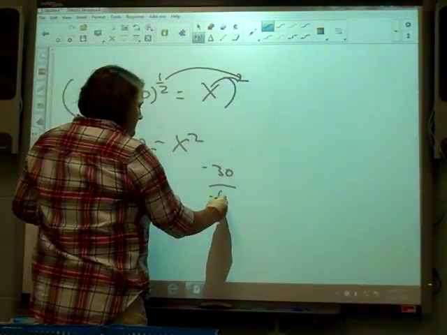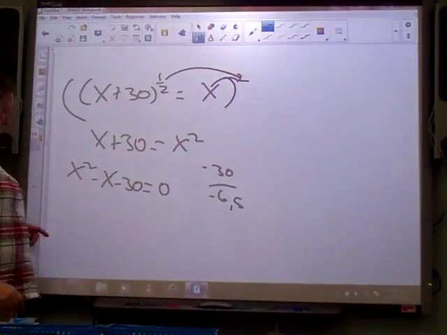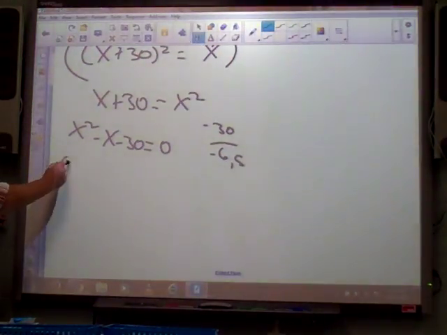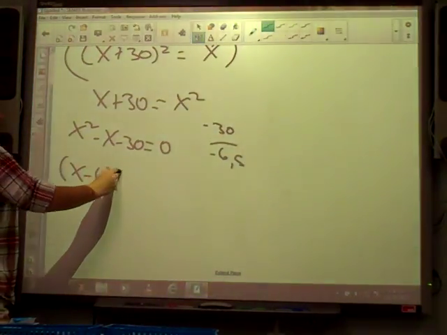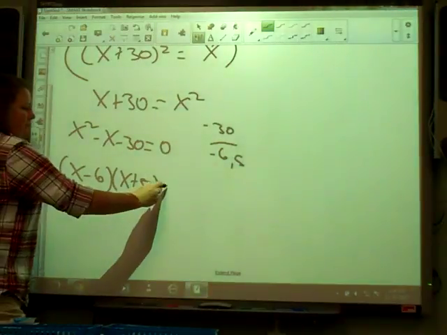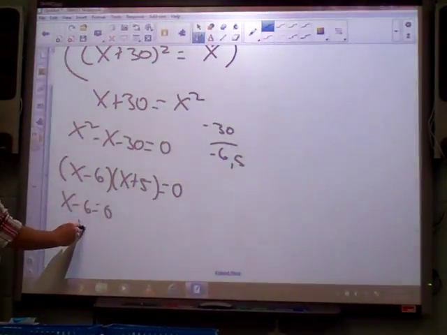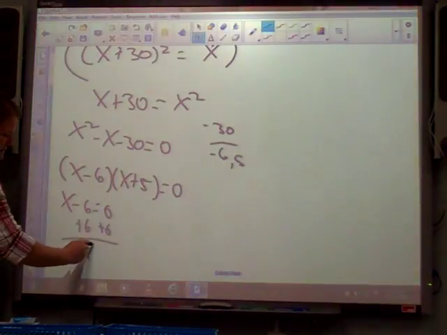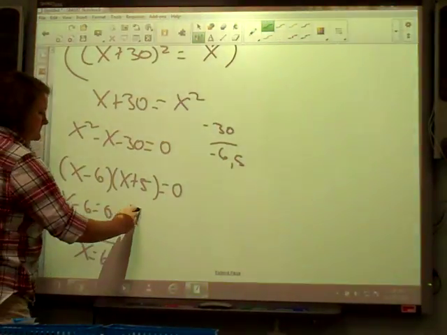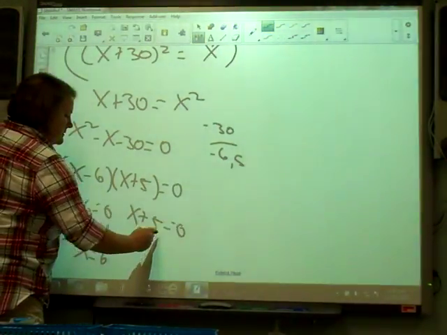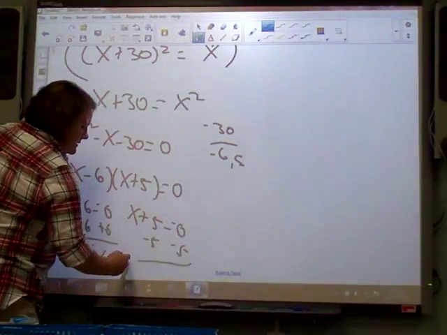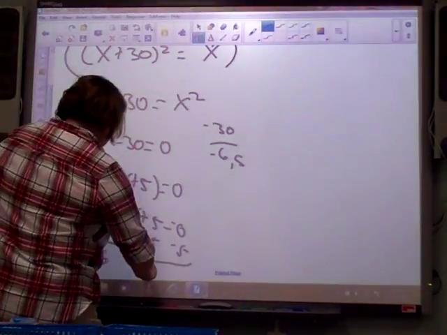Negative 6 and 5, right? So I would have x minus 6 and x plus 5. So x is 6 and negative 5.